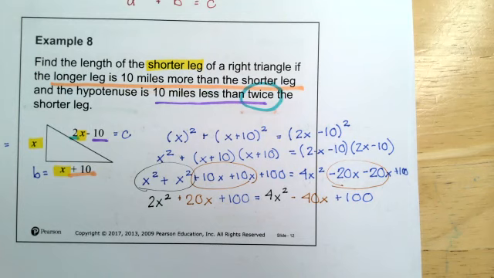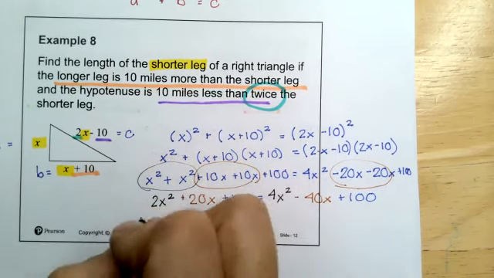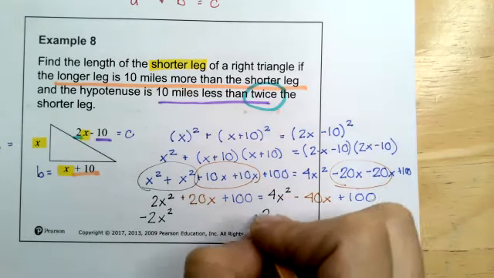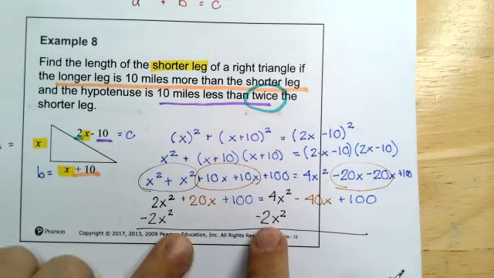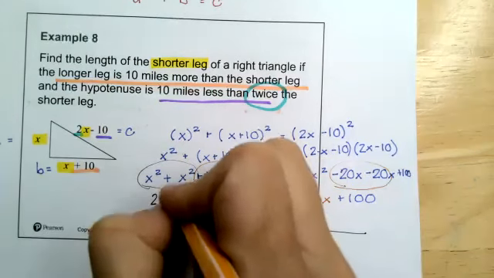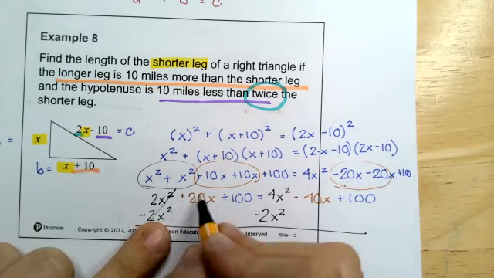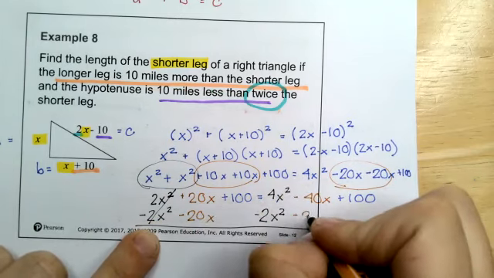Good. Now you want to set it equal to 0, and I like having my first term being positive, so I'm going to move the 2x squared because it's smaller. If I take 4x squared and subtract 2x squared, I'm still going to get 2x squared. Good. This is already my 0 side. So I'm going to subtract 20x.